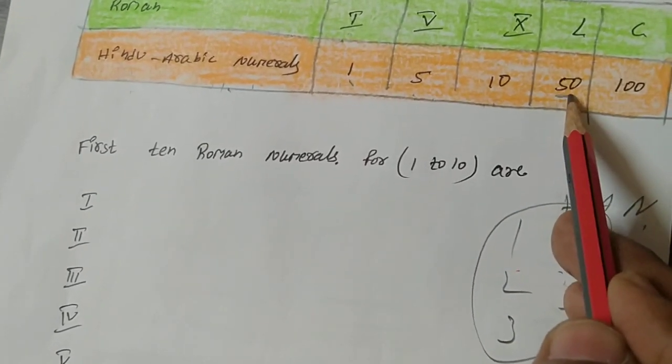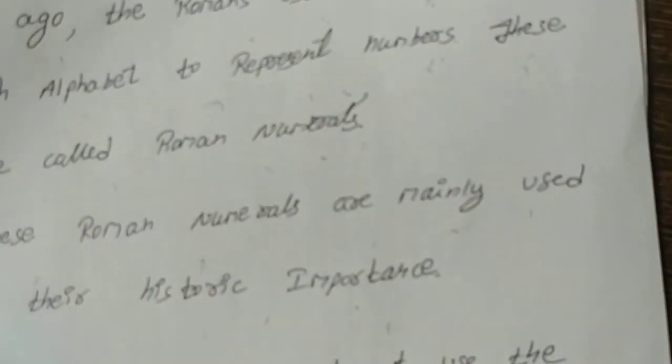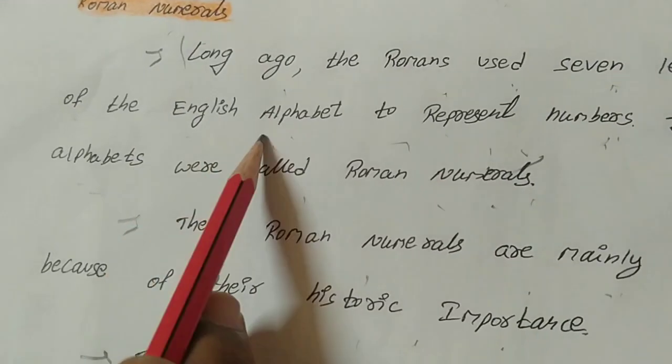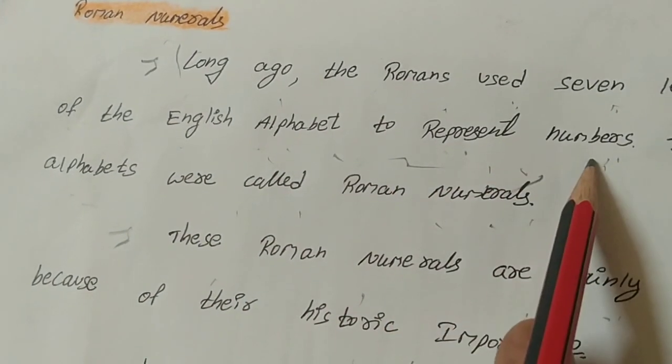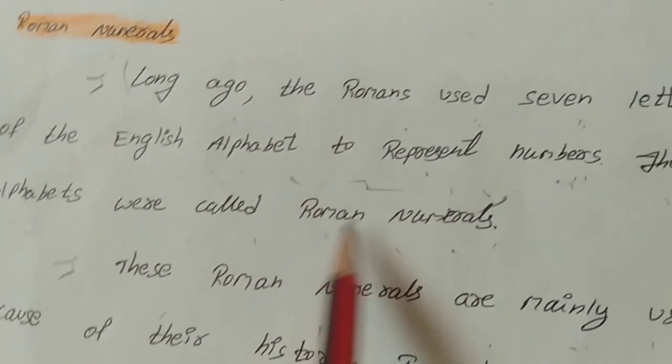And 50, you have to write a 2-digit number. But in Roman you can keep only L. Very simply you can read it as L. It is the English alphabet. The English alphabet used to represent numbers is known as Roman numerals.